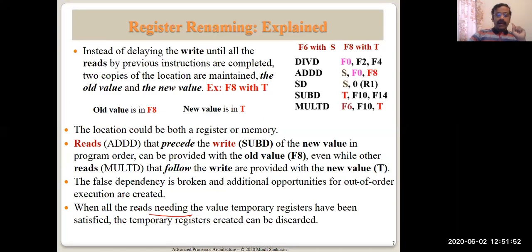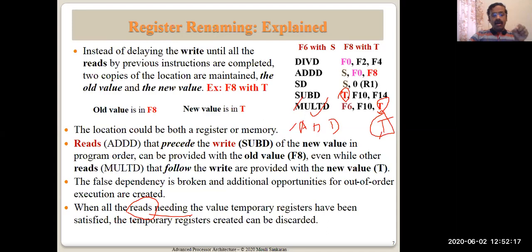What I mean by that is all the reads, that means all the instructions. When I say reads, I mean the instructions which are using them as an operand. They are using these temporary registers as an operand. I am calling them all the reads. Suppose I have another instruction called add, which is taking it from T. I'm saying this is one read and this is another read using the temporary register.